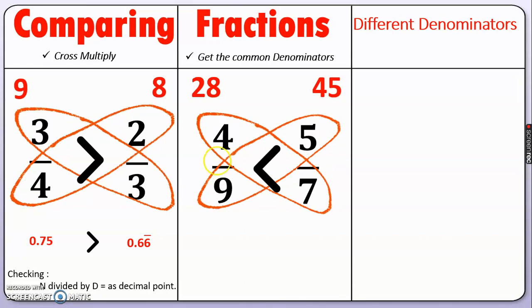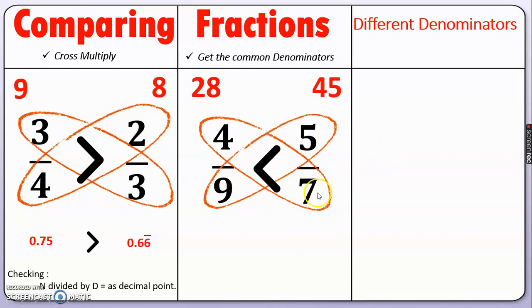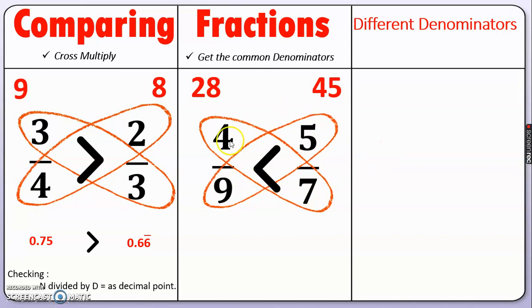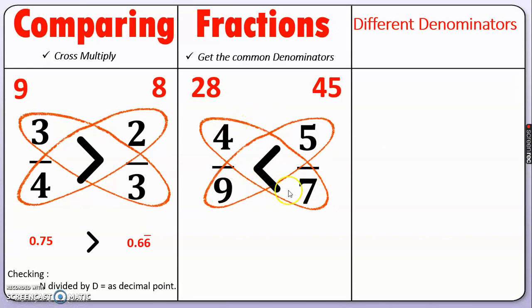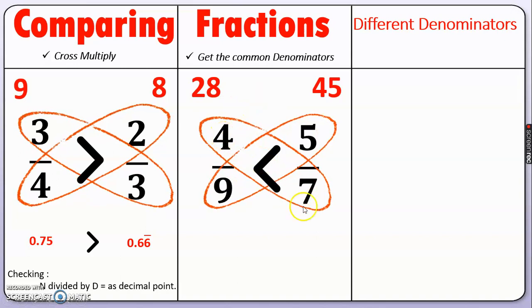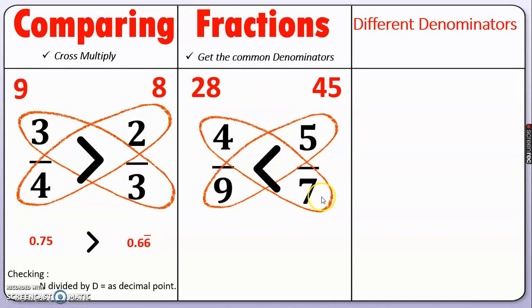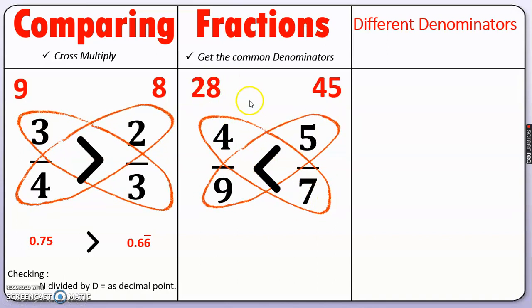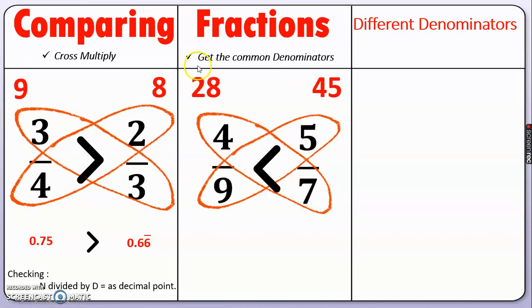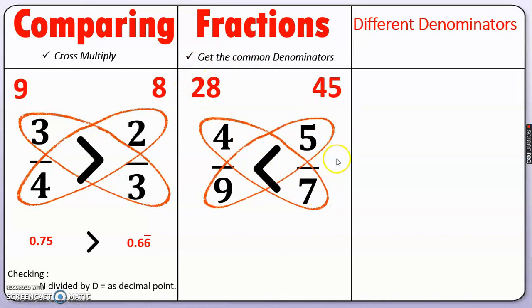Yes, very good. 5 over 7 is greater than 4 over 9. So what you can see here, when you apply the cross multiplication, you can already see the answer, but then we can get the common denominators.